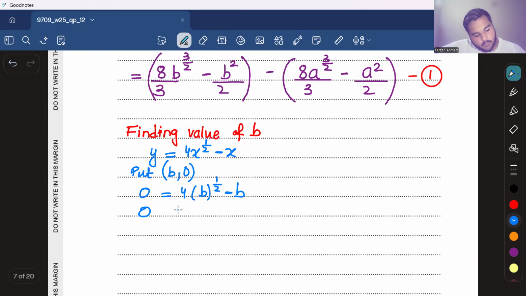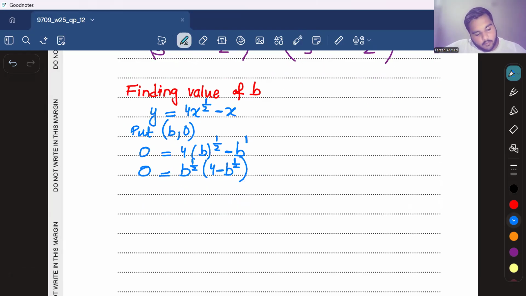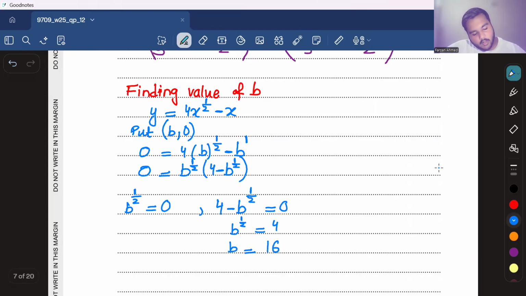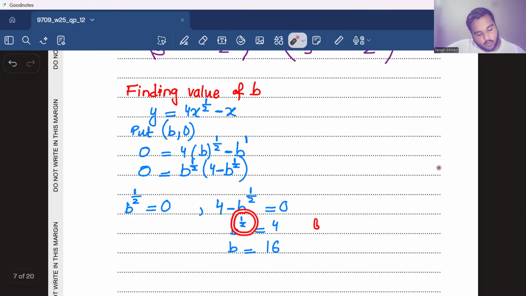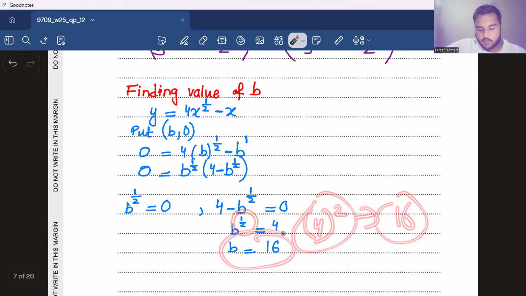So 0 is equal to b to the power 1 upon 2 whole bracket 4 minus b to the power 1 upon 2, because I'm doing factorization. So b to the power 1 upon 2 is equal to 0 and 4 minus b to the power 1 upon 2 is equal to 0. From here, b to the power 1 upon 2 is equal to 4 and b is equal to 16. Why 16? When we remove the power, this will be 4 whole square, and 4 whole square is 16. So that's why b is equal to 16.